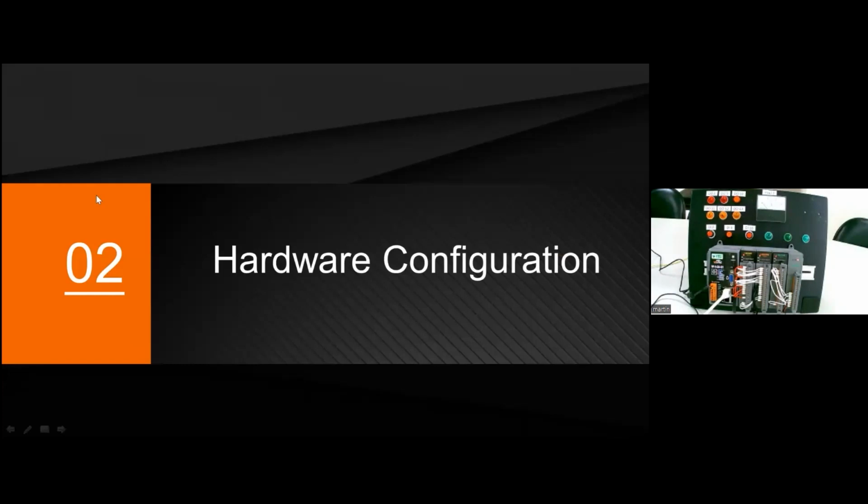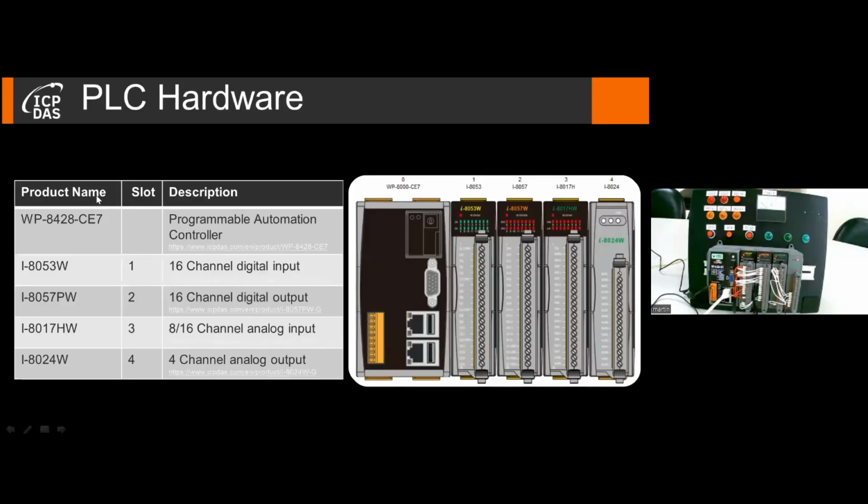Now to the hardware used for the hands-on training today. For this demo, we use the ICPDAS 4-slot Win-GRAF controller, as shown on this slide, to control its local I/O plug-in modules. This controller has four expansion slots. In the first slot, we will insert a 16-channel digital input module.